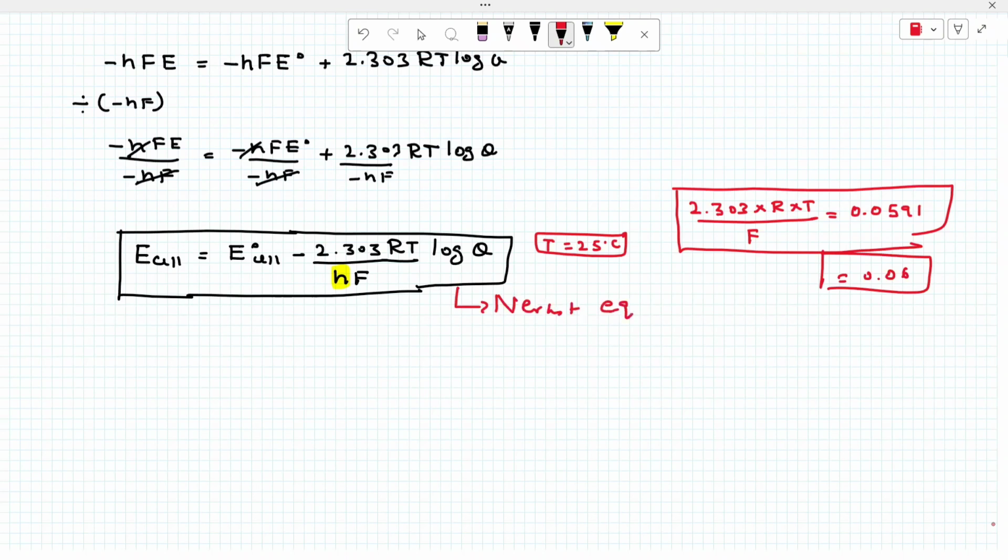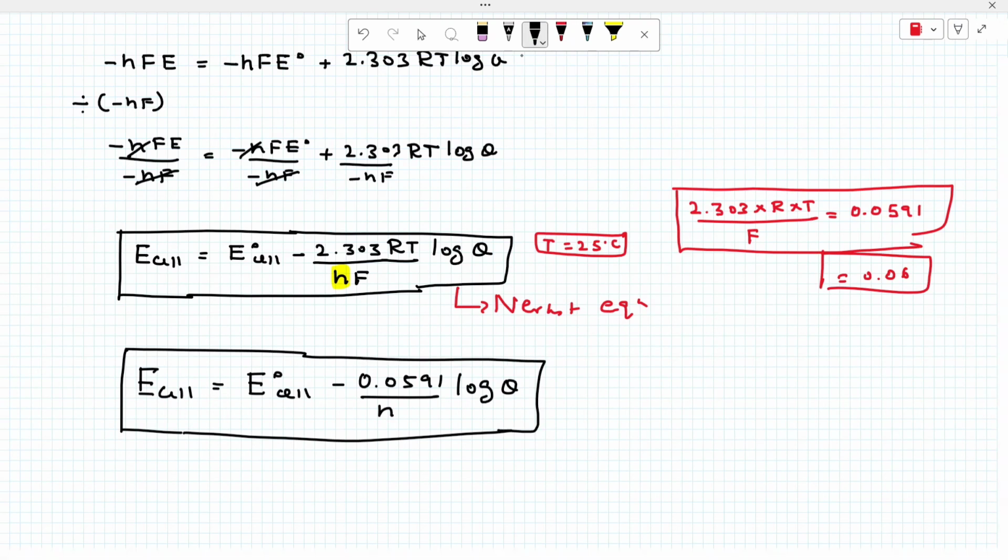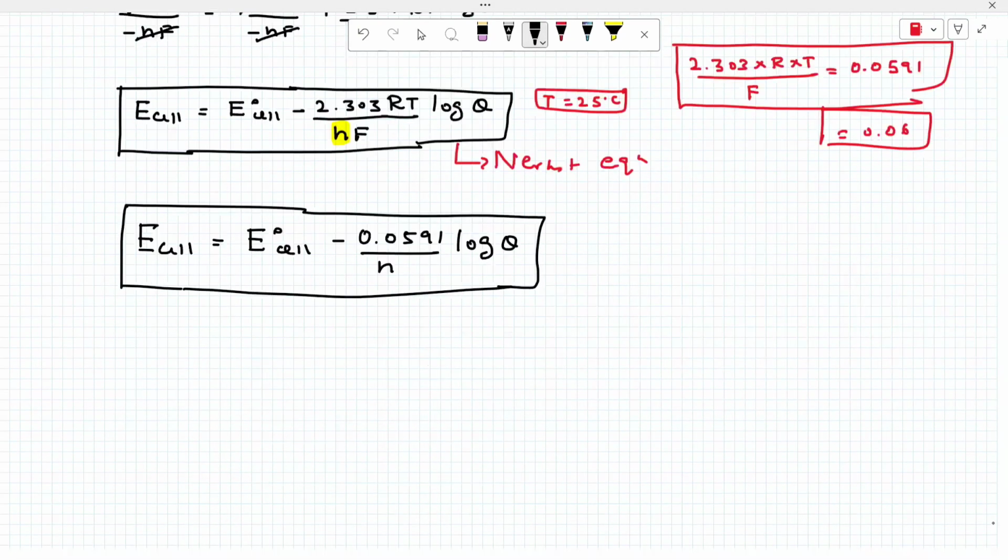E cell equals E naught cell minus 0.0591 by n into log Q. It is the Nernst equation. Important, please note. The equation is in volts. We can modify this equation a little; this is also a Nernst equation.